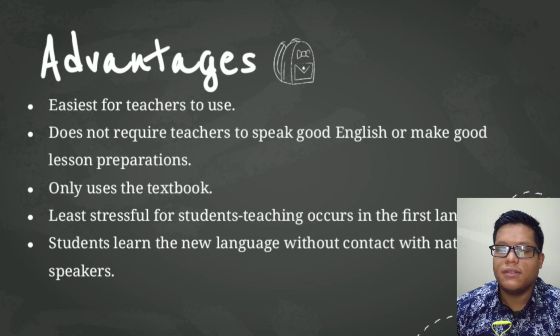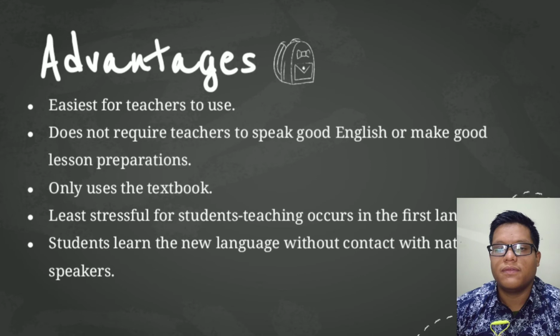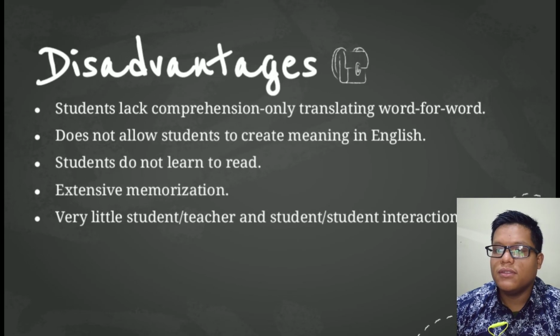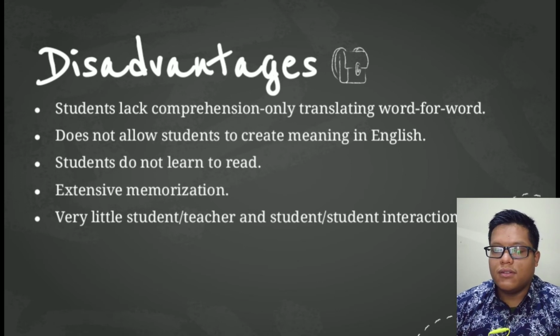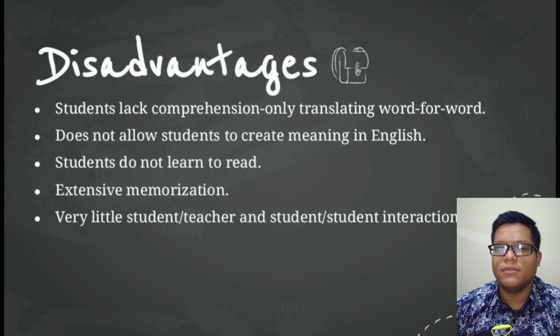And because this is an old method of teaching English, there are always disadvantages. What are they? First, students lack comprehension, only translating word for word. It means it takes more time to translate from your target language to your native language and back to the target language.